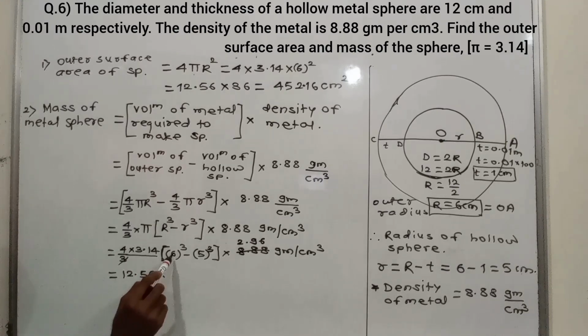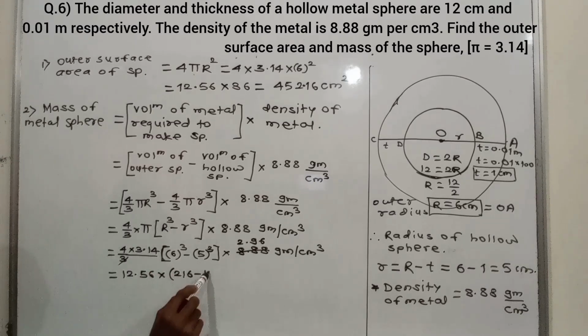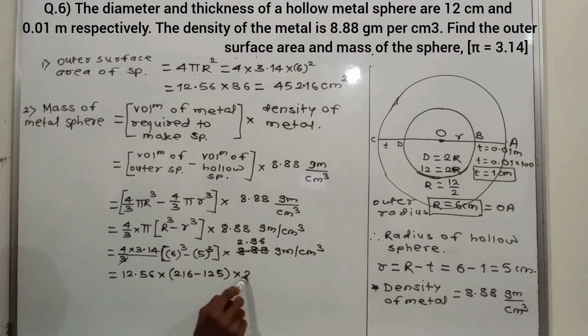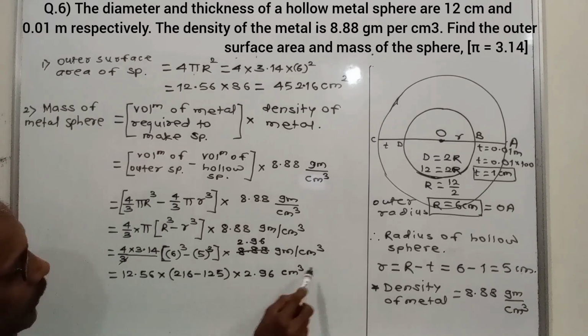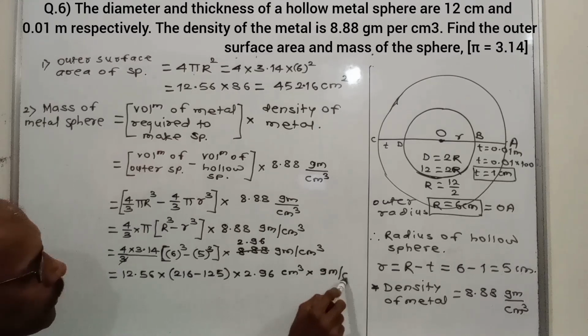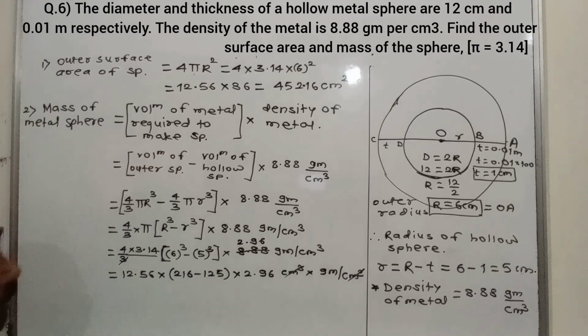Therefore 12.56 into 6 cube minus 5 cube into 2.96. Here this is in centimeter cube, no? So we write here total centimeter cube, and this gram per centimeter cube. So this is cancelled. Did you get it? Then product of these two and this, okay, that will take more time.